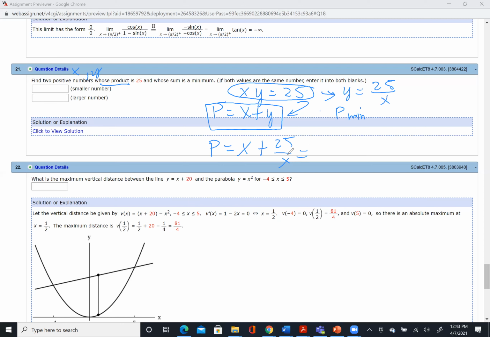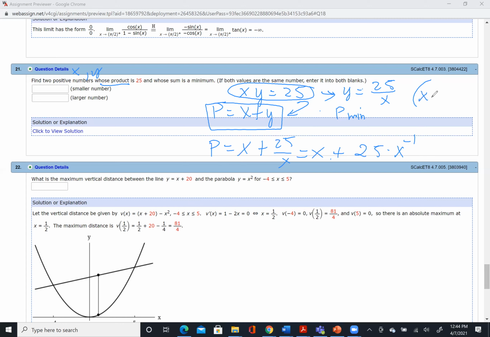For this one, maybe you can write it as x plus 25 times x to the power -1. Remember that x and y are positive numbers, right?